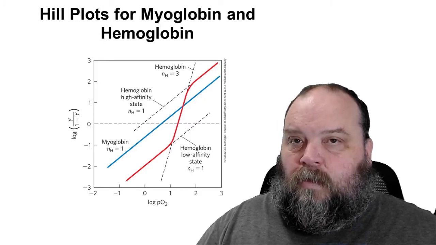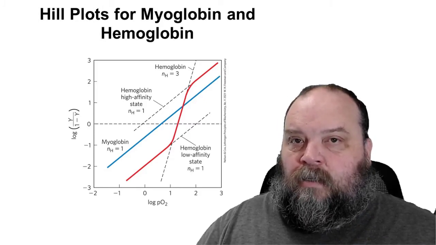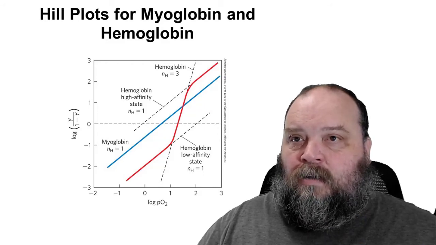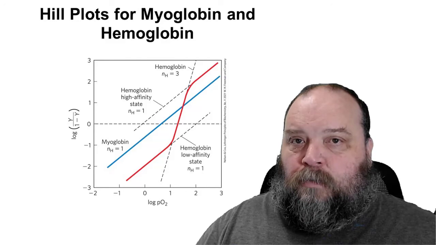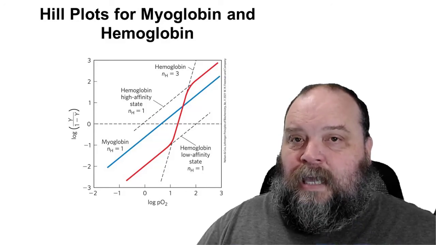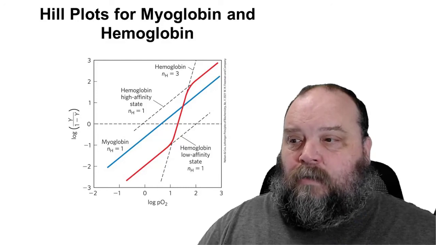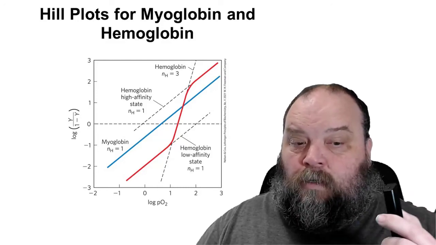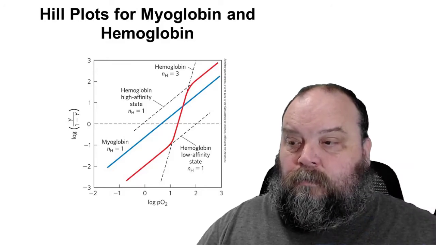So, go through, substitute in. Instead of L's and P's, let's substitute in our partial pressure of oxygen. P to the n, P50 to the nth power for Kd. Go through, plot those numbers out.